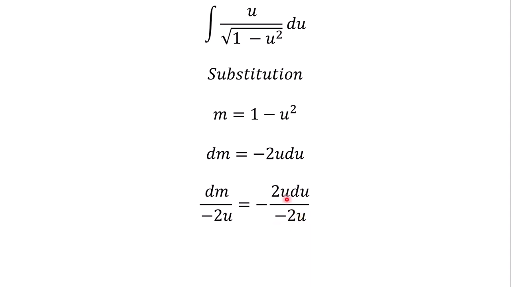Here, this and this will cancel out, and we are left with du equal to 1 over minus 2u dm. Now we know what is replacing this, and we also know what is replacing this. So let's put them into the integral.